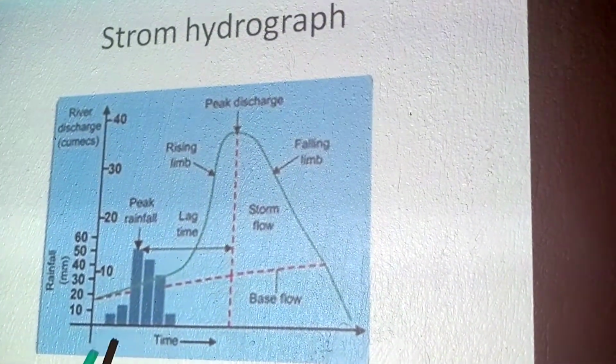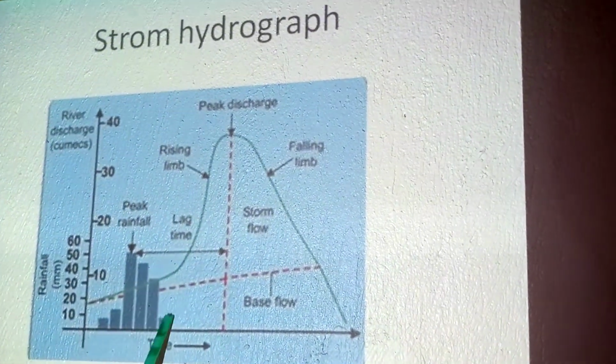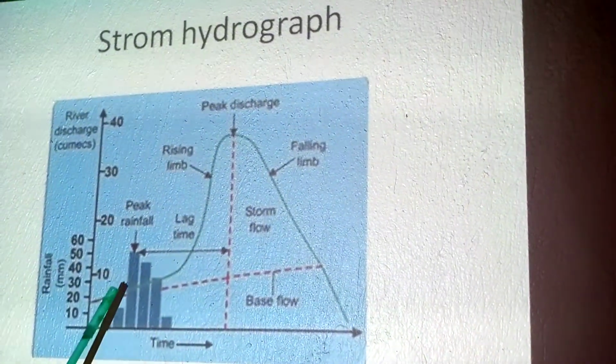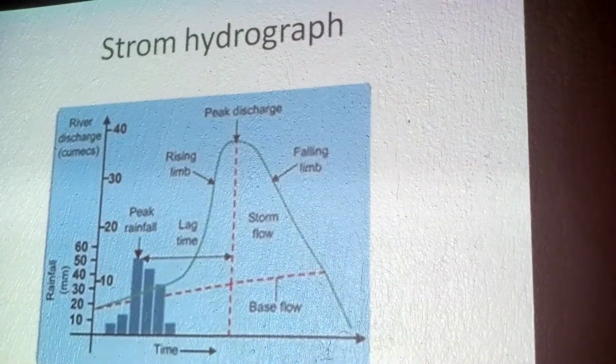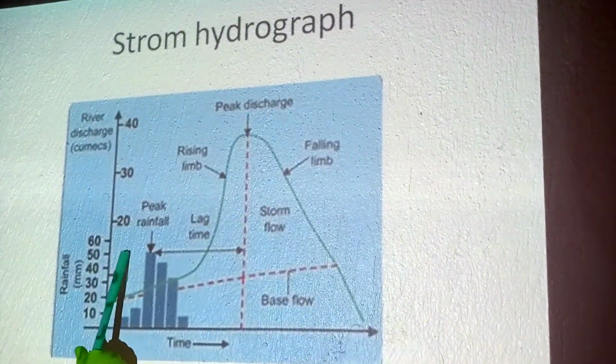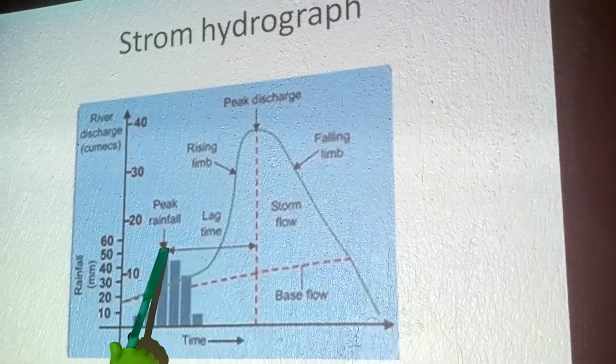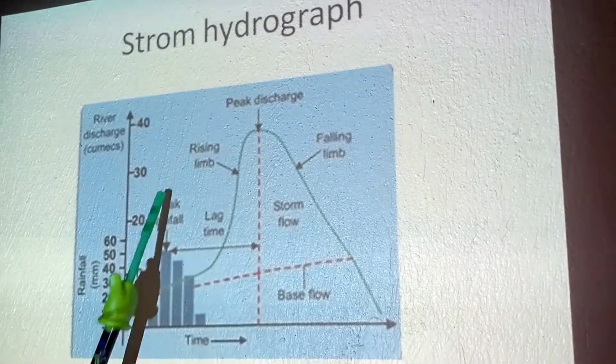So this is precipitation or rainfall, and the highest experienced in this period has been this one. If you plot it here, you will see that it is almost 50 millimeters. So that is the peak rainfall or peak precipitation.